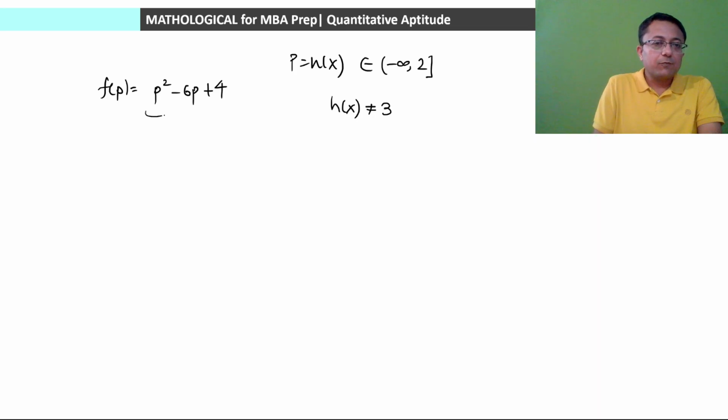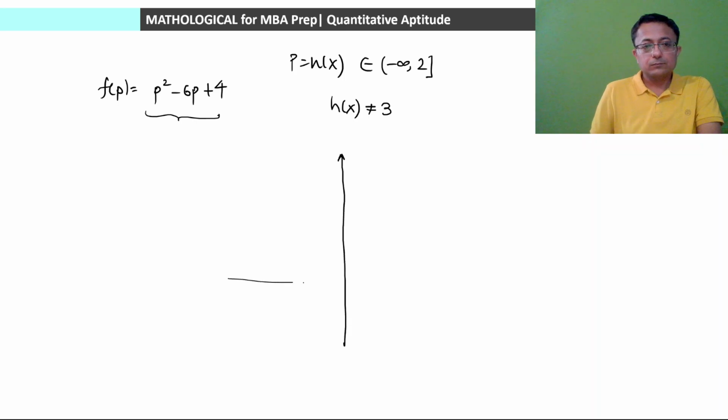For the graph of p square minus 6p plus 4, the minimum value will be at p equal to 3, and the value at p equal to 3 will be 3 square, that is 9 minus 18 plus 4, which is equal to minus 5.